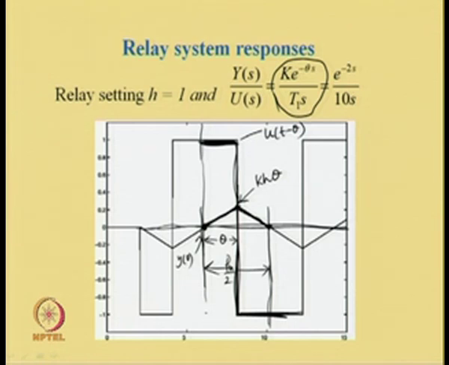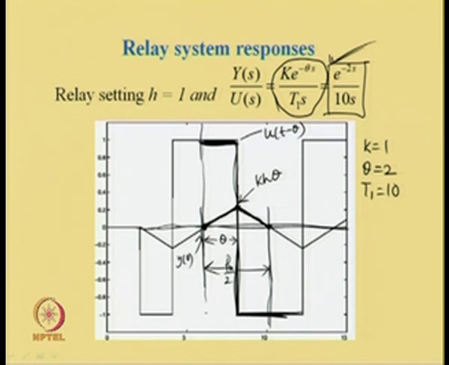Now, if you minutely observe, the analysis is giving us the peak amplitude as k h theta. Is it so or not? For this system, k is equal to 1. If you look at the transfer function for which the simulation has been carried out, k is equal to 1, theta is equal to 2, and T 1 is equal to 10.